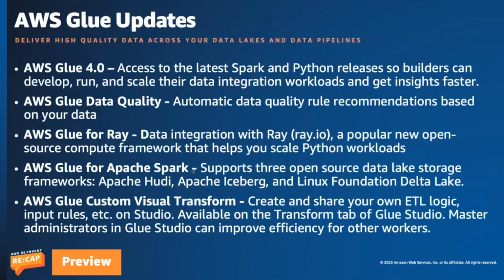And here is a summary of some of the key announcements, new functionalities, and some of the updates we added for AWS Glue, right? So we have added support to the latest Spark and Python release. We have also introduced AWS Glue for Ray, which is based on the data integration with Ray.io, which is a popular open source compute framework that helps developers scale Python workloads.